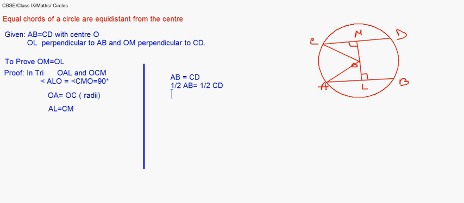Because I'm making half of AB, which I'm writing as AL, and half of CD to be CM. Why is it so? Because we know that the perpendicular from the center to the chord bisects the chord. So M must be bisecting CD as well as L bisecting AB. Therefore AL is also equal to CM, thereby proving the congruency by RHS.